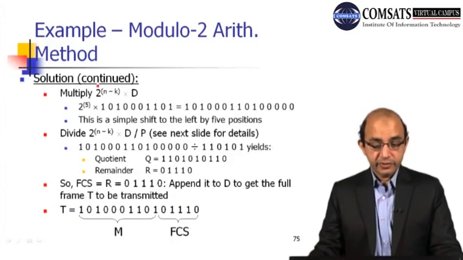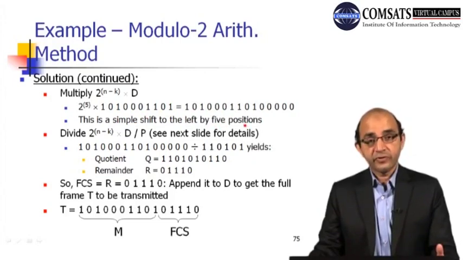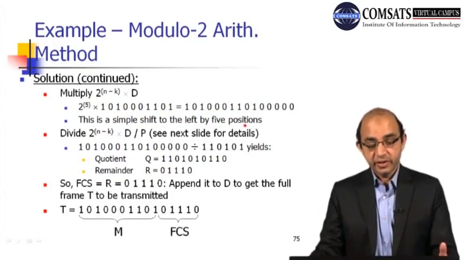So here we have the solution. We have to multiply by 2 raised to the power n minus k into D, so you can see 2 raised to the power 5 into these data bits, right? And you can see the result is a simple shift to the left by 5 positions. So we have to use the shift register, shifting left by 5, in 5 steps.